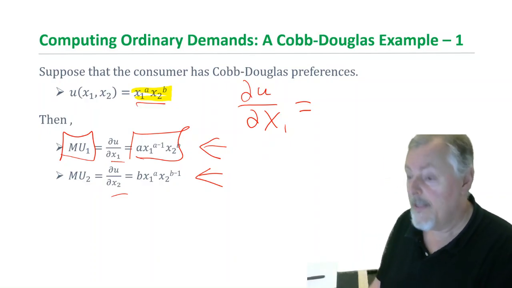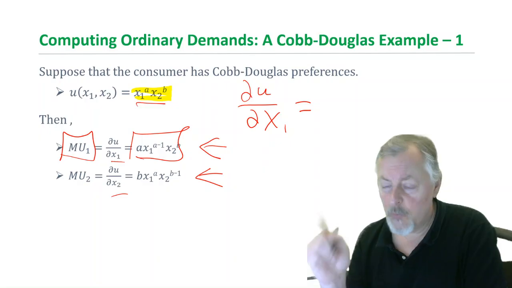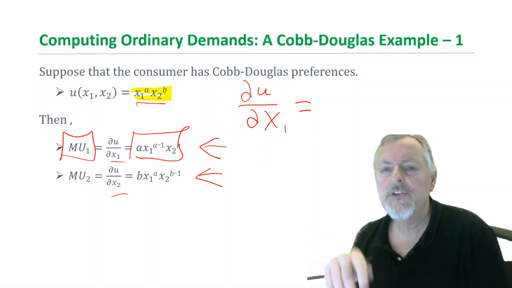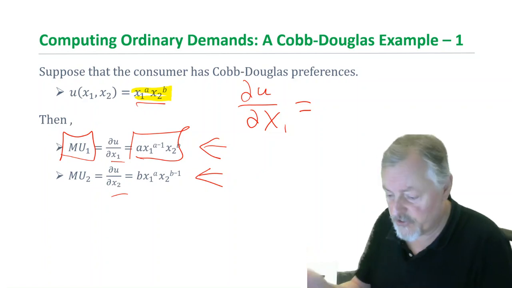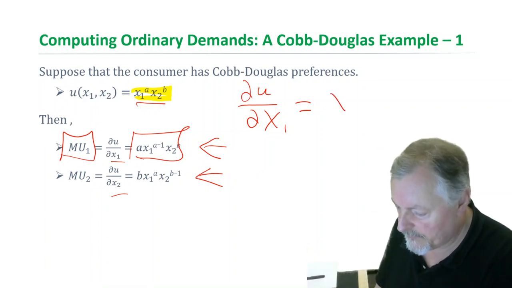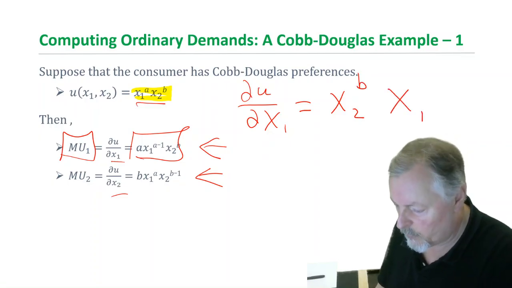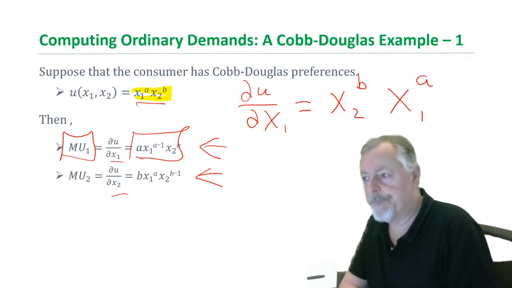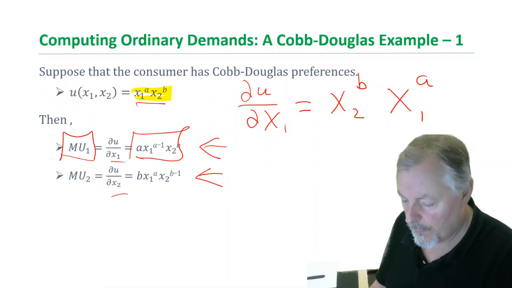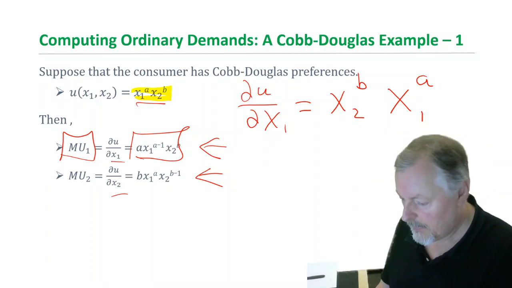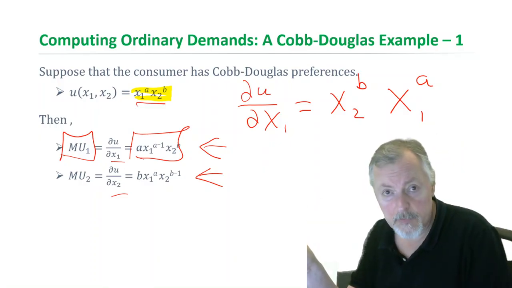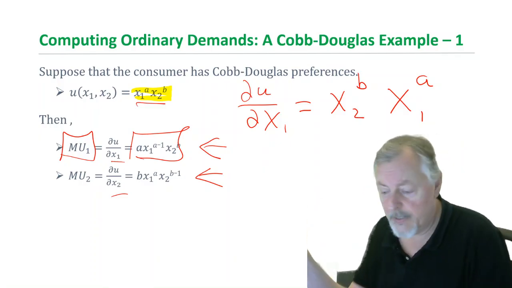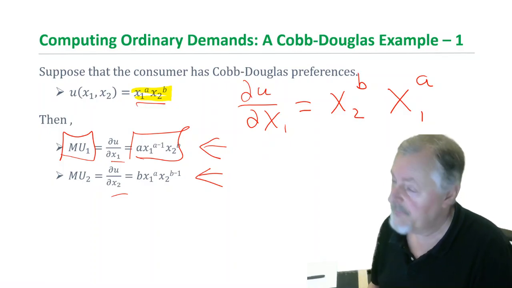So let's show that here. X1 to the A power, X2 to the B power. Just to make the math a little more obvious, I'm going to reverse the order, but that doesn't change anything. So that gives us X2 to the B power times X1 to the A power. We want to know the slope in the X1 direction, the partial derivative with respect to X1. So anything that's not X1 is a constant.